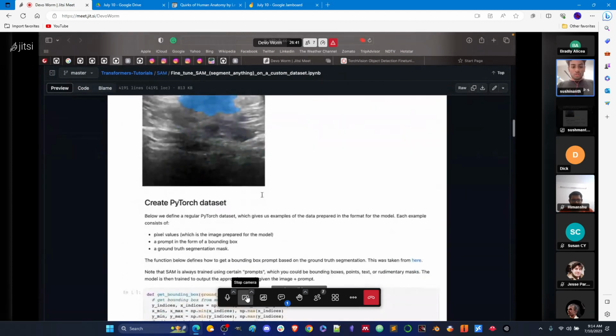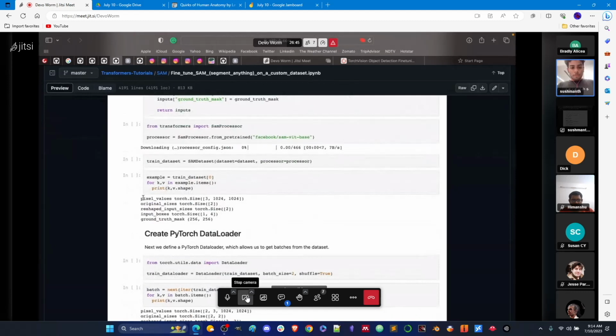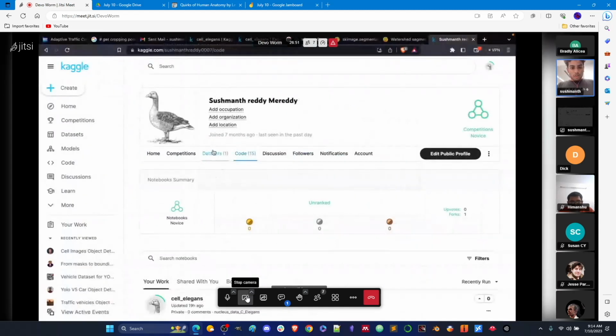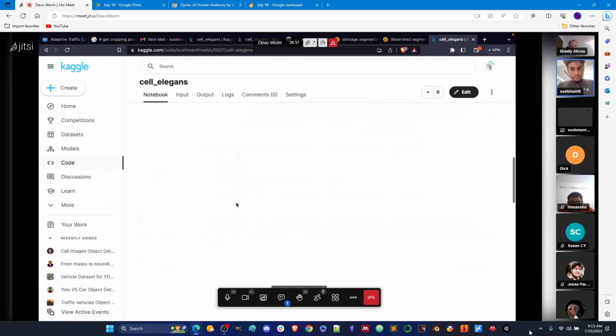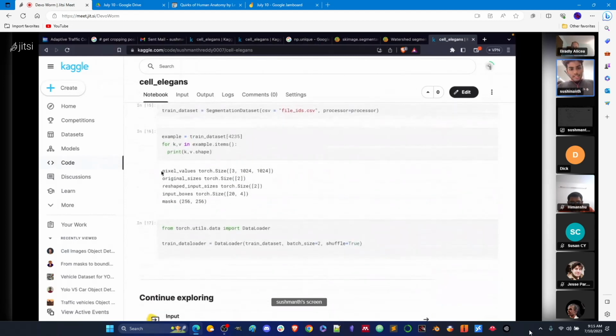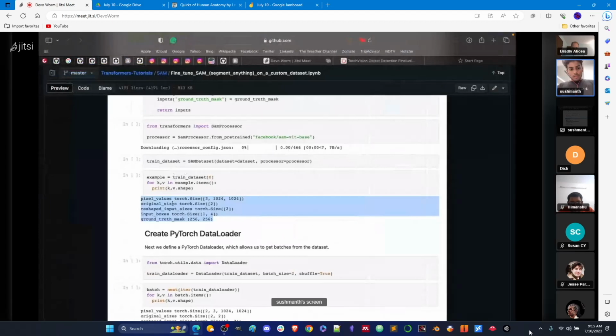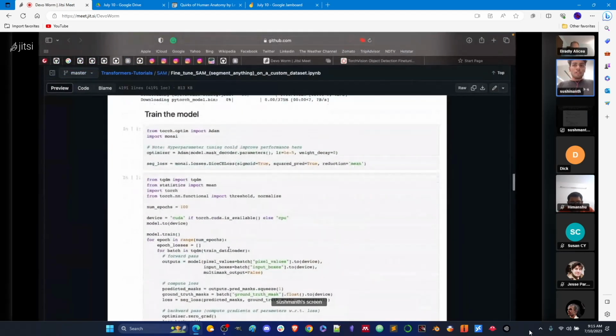I'm almost there, because if you see here the results of ground truth mask, pixel values, etc. And this is my notebook which I have implemented. You can see that there are exact same values, these three values, which I was getting the same as they implemented. I just need to write a training loop, then the model will be trained.